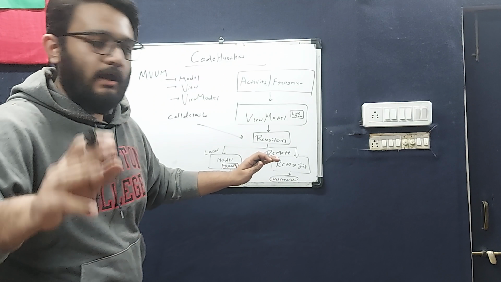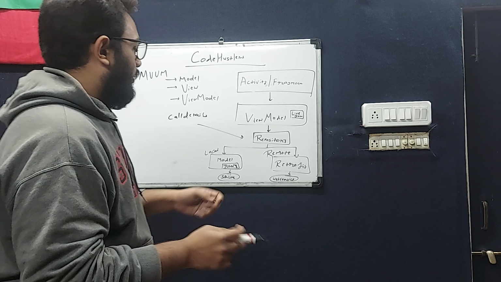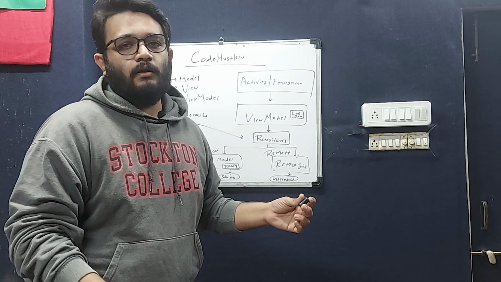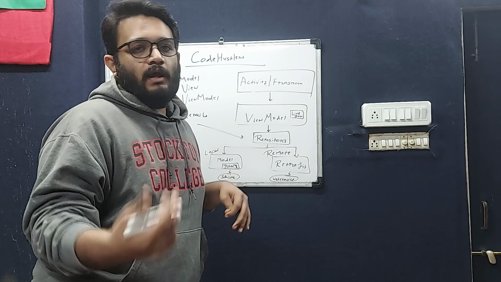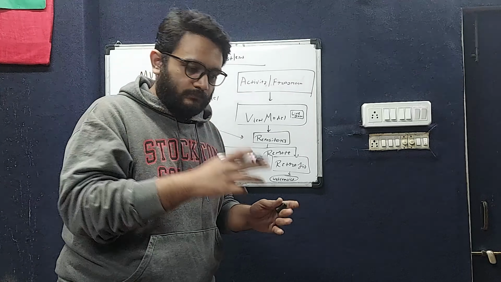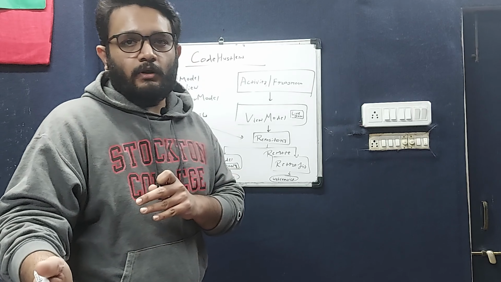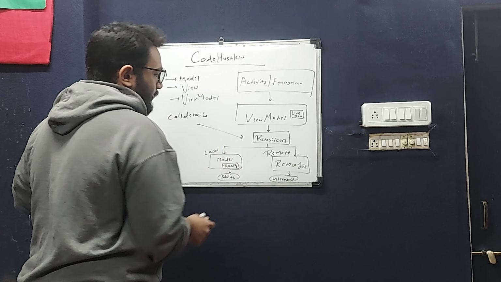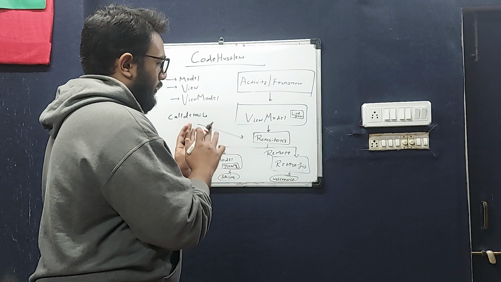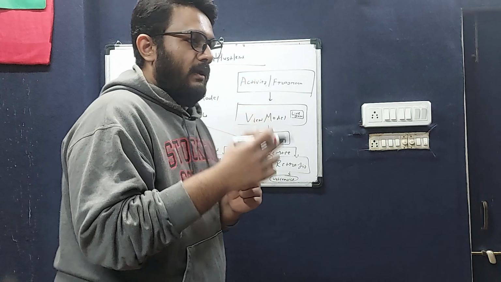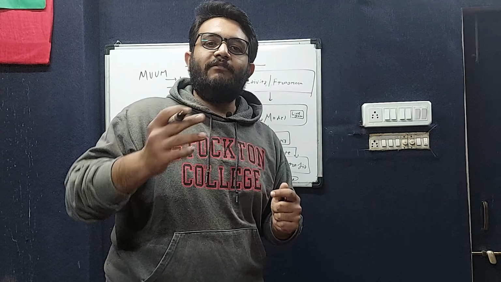In the repository we check if we have any local data or not, and if we do not have it, then we'll go for Retrofit and we'll go for remote data. We'll call an API and we'll get data in return type as LiveData.